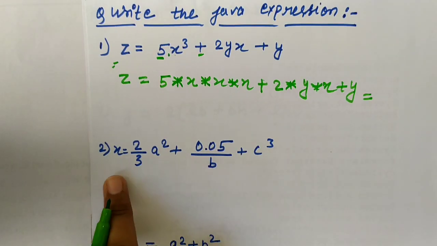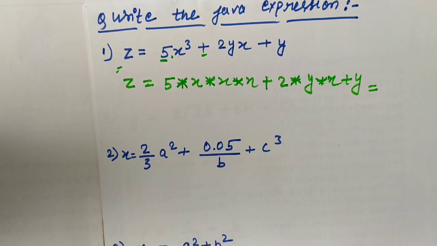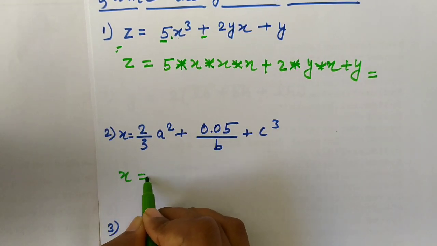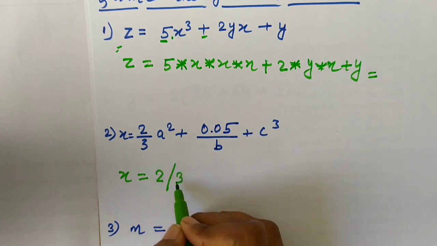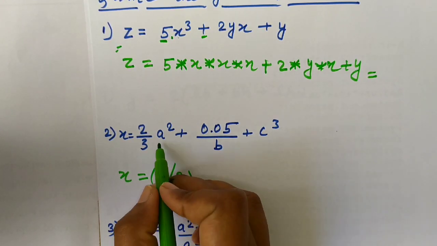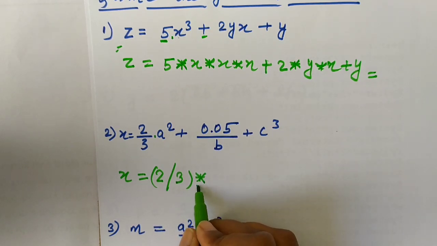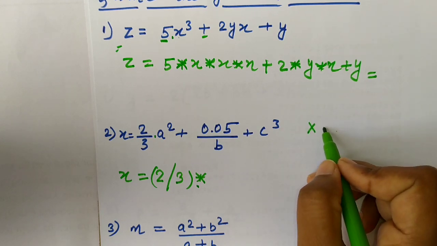The next question is x = 2 by 3 a square plus 0.05 by b plus c cube. So we write x = 2 by 3, and use brackets. There is a multiplication. It is compulsory to write the multiplication sign as an asterisk. Don't use any other sign for multiply.